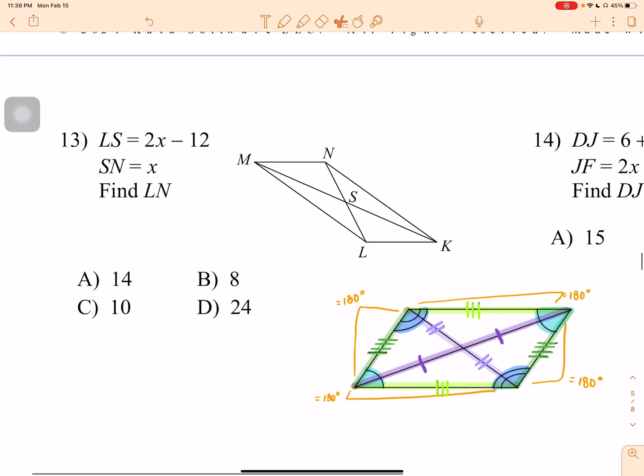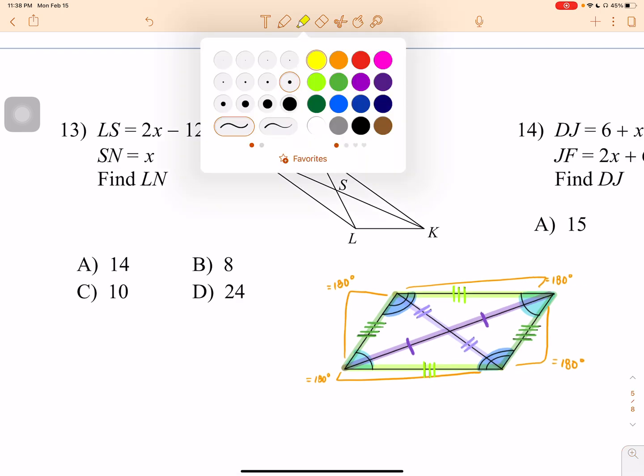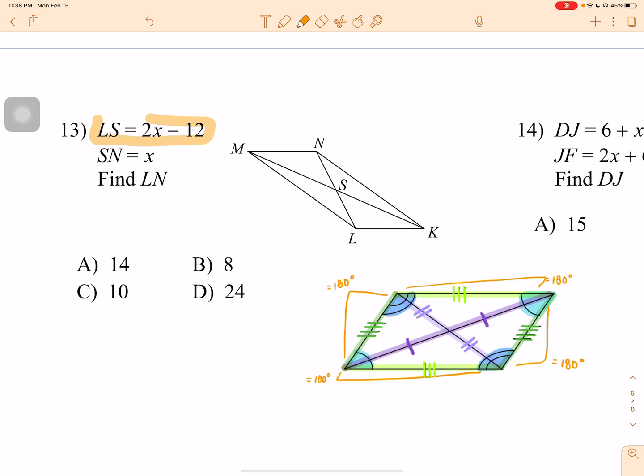Okay, so it says LS is 2x minus 12. So LS is half of a diagonal. LS is right here. That's what LS is. Okay, and it says SN is x. So SN is the other half of that same diagonal. That's convenient.